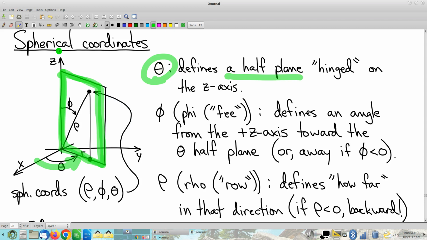Hinged on the z-axis, like so. And the idea is that the point you're interested in describing, now let me say something that's wrong, and then I'll correct myself, is in that half plane, and that's not really quite true. Okay, so moving along.